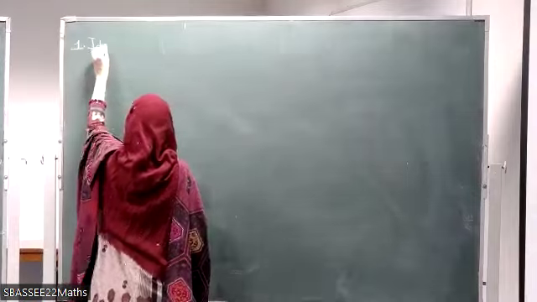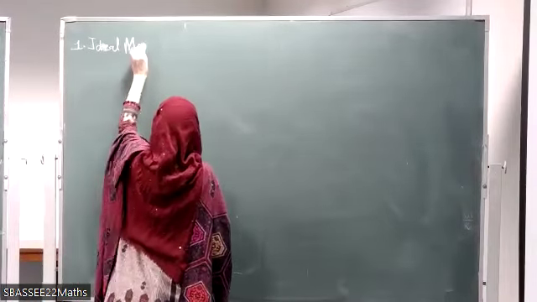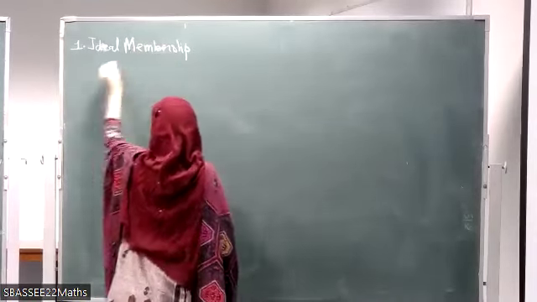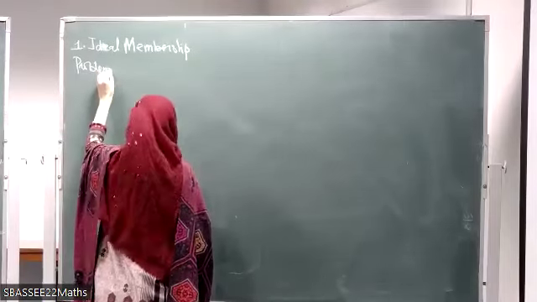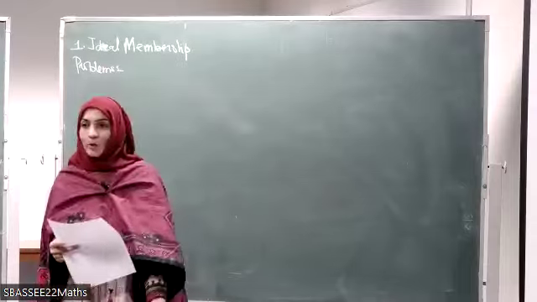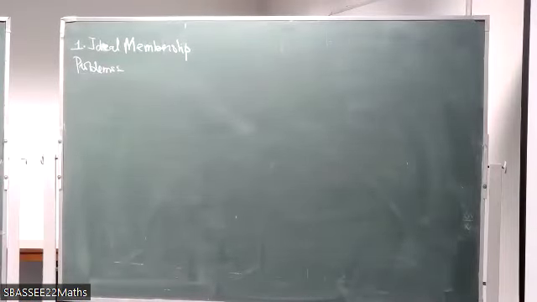The first is the ideal membership problem. Let me write these problems, then we will try to solve them, right? And what are the methods? What can be the algorithm?